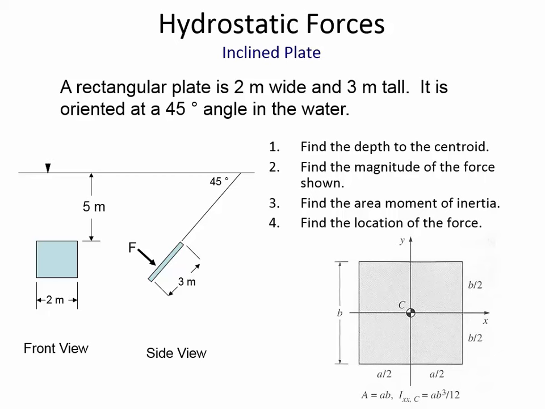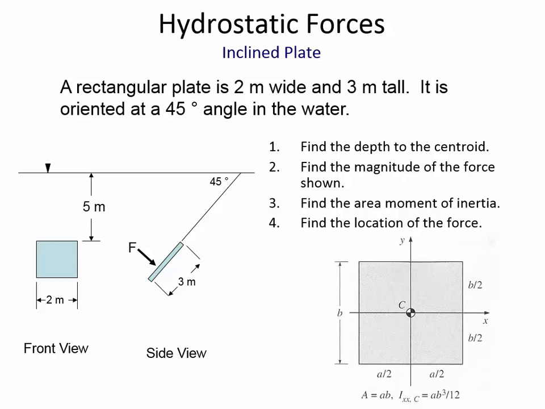So the depth of the centroid is going to be the 5 meters and then some more. So this up to the water surface is 5 meters, and then some more depth too. So we're going to have to add that to get our overall delta H. Okay, so part of the geometry is going to kick in when we know that this is 1.5, the slanted distance of it, but it's not the slanted distance that we're going to add to the 5.